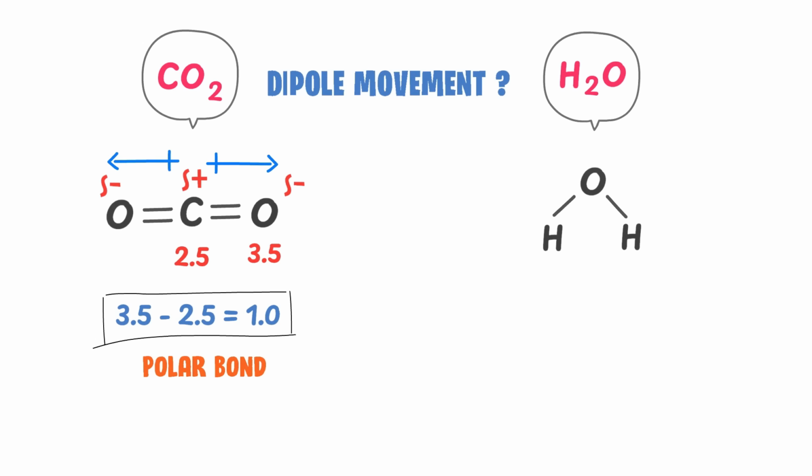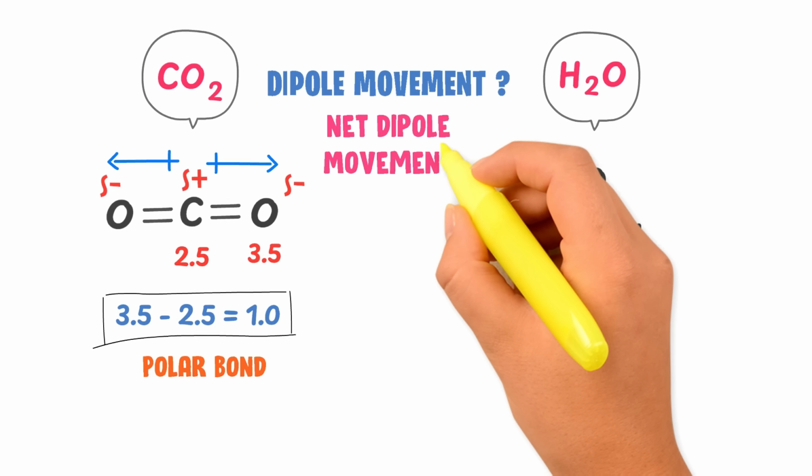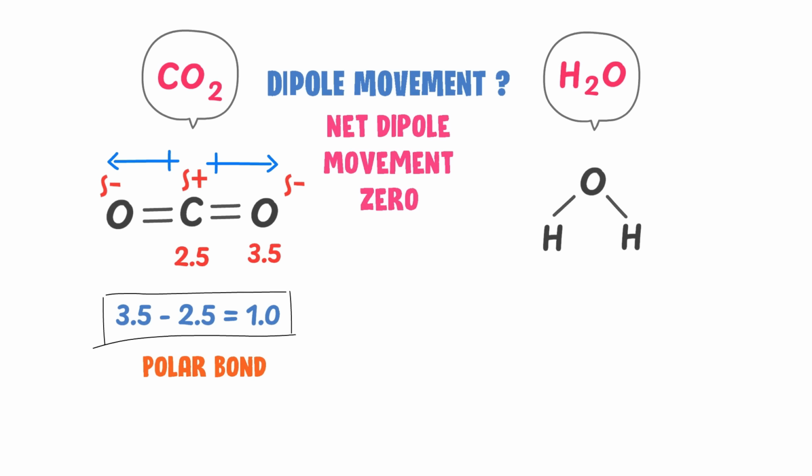According to the electronegativity difference, oxygen on either side is partially negatively charged and carbon is partially positively charged. So the dipole moment points toward oxygen on either side. The net dipole moment of carbon dioxide molecule is 0 because the shared pair of electrons are equally pulled by the oxygen atoms on either side.